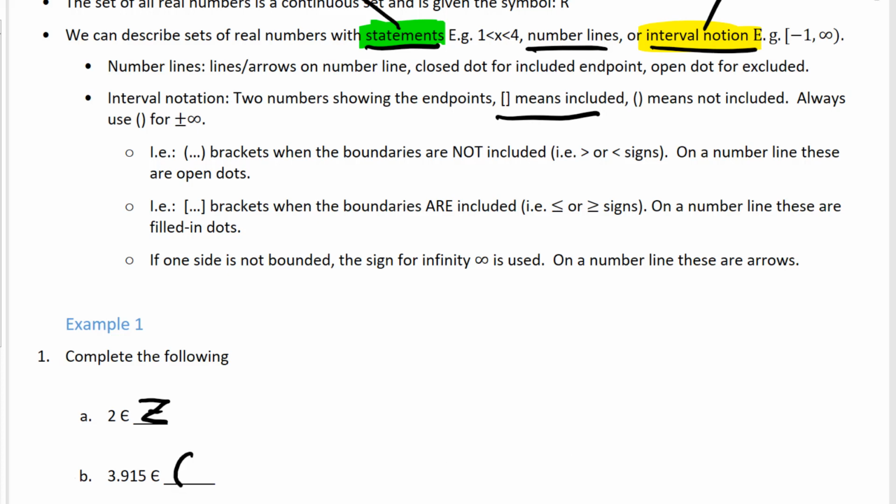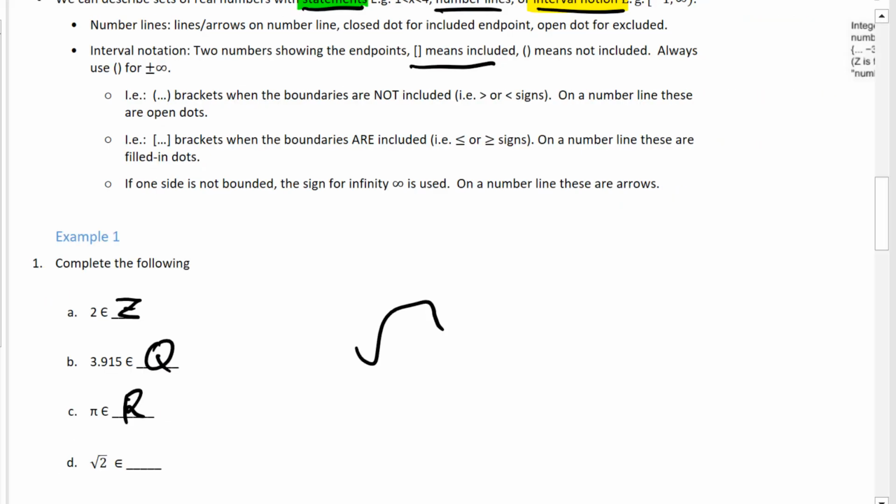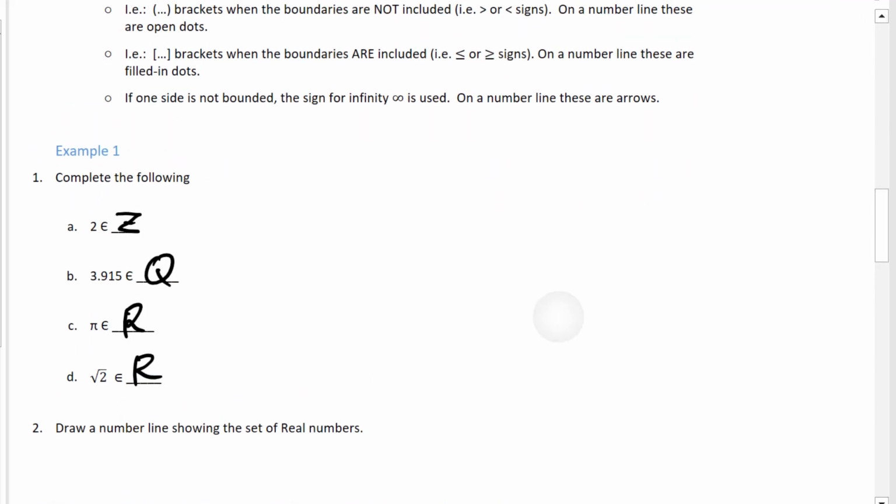So this, we could write Q, or we can write real R. The next one, pi is an element of. Is it a whole number? It's not a whole, it's not rational, so it's just a real number. So square root 2 is equal to 1.41, doesn't stop, it keeps going. So it's a real number. You're kind of getting the language.